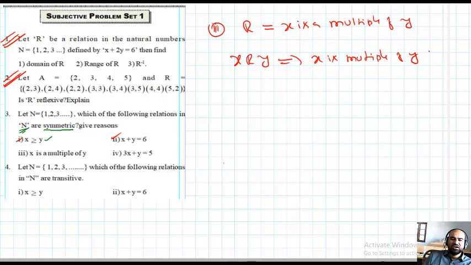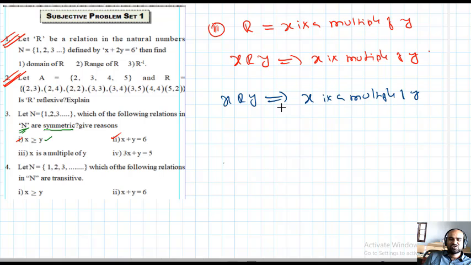Okay. Now I will take first of all x related to y. X related to y implies, yeah, x is a multiple of y. Y need not be a multiple of x unless both are equal.